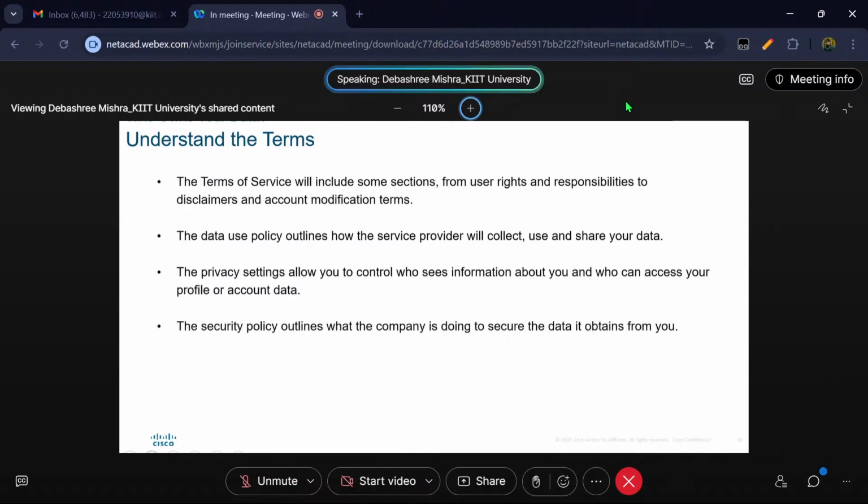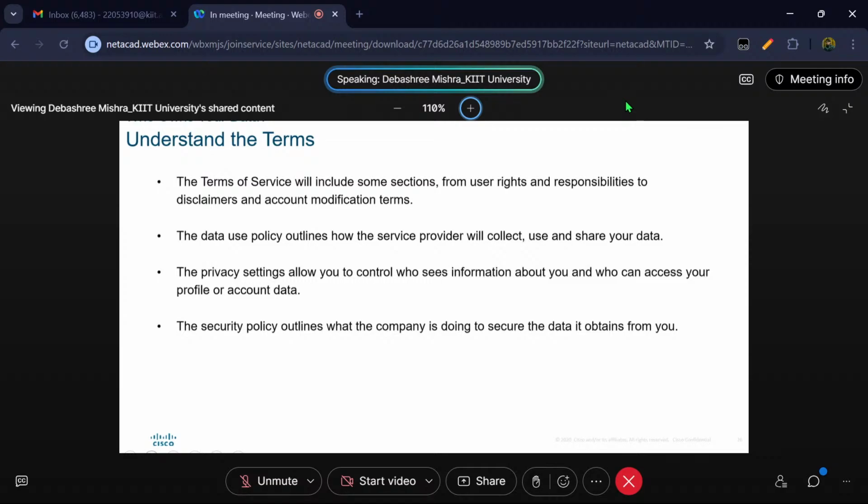Okay, so in this case, what will happen? The service provider which provides this kind of service will collect and use the information that you will be sharing. The privacy settings also allow you to control who is the user that can see particular information or data, who can access your information or data or the profile or the account.